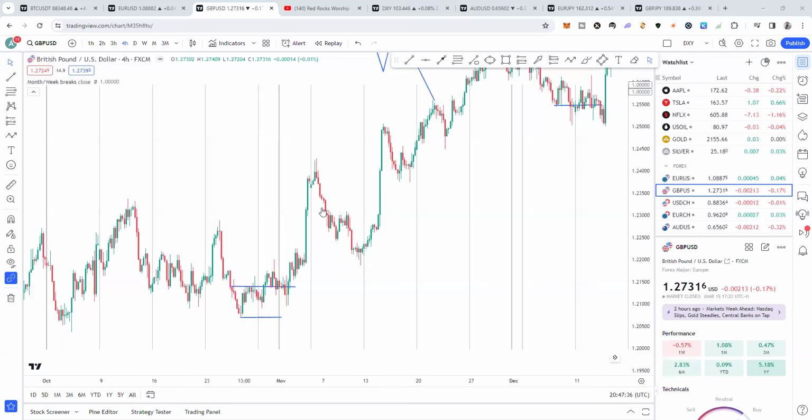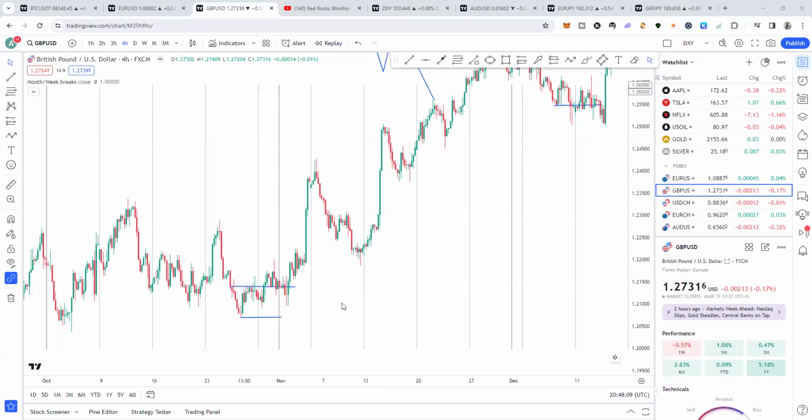So I want to assume you are not used to TradingView. TradingView is free. You can go to tradingview.com. Just go there so that you can understand it, because I'm teaching on TradingView. If you are trying to draw this pattern, you can draw it on MT4. I do it on MT4 too.